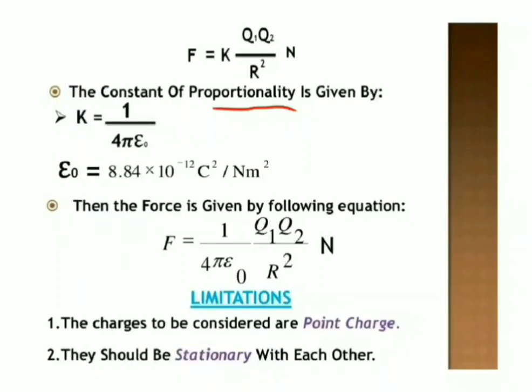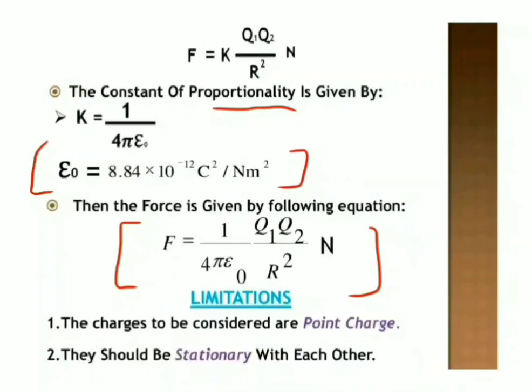And you already know that pi is a constant which is equal to 3.14, and here we have a value for epsilon naught which is 8.84 into 10 raised to the power minus 12 Coulomb square per Newton meter square. And by putting all these values, we will get the main equation for force, which is F equals 1 by 4 pi epsilon naught q1 q2 by r square Newton. So basically Newton is the SI unit of electric force.